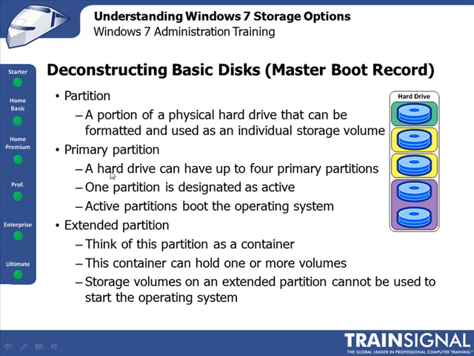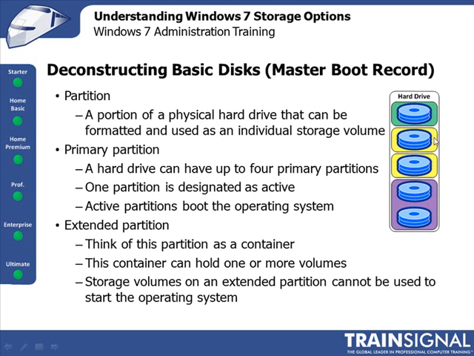Now, I mentioned that you only get up to 4 primary partitions on a master boot record basic disk. You can actually have additional volumes. Now, the little hard drive indicator here is a volume in what's called an extended partition. Think of this extended partition, which you're seeing here, as a container. This container can then hold 1 or more volumes. Now, storage volumes on an extended partition cannot be used to start the operating system, but they can be used for operating system storage, like putting data files and things like that.